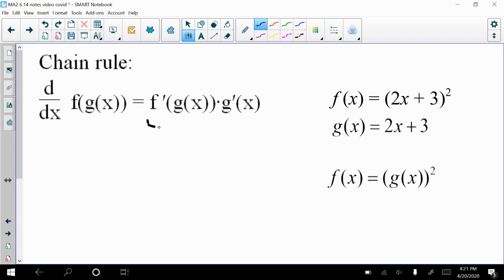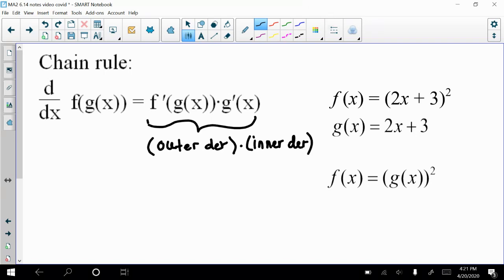So I like to simplify chain rule. Instead of looking at it like this, I like to say it's just the outer function's derivative multiplied by the inner function's derivative.